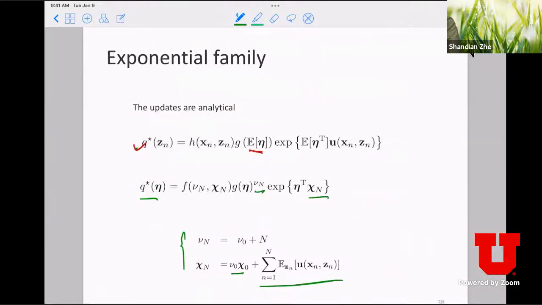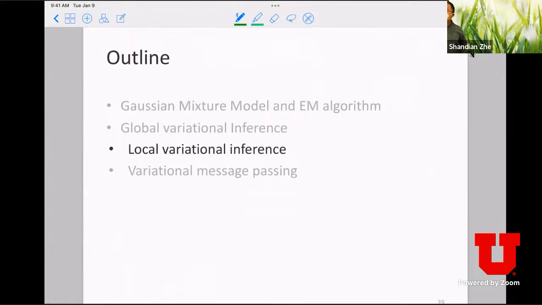Okay, so far we have finished the introduction of global variational inference. Any questions? Has everyone fully captured the whole idea? And now, for specific problems, you have to define your own approximation family, and develop your own optimization algorithm to maximize that lower bound.